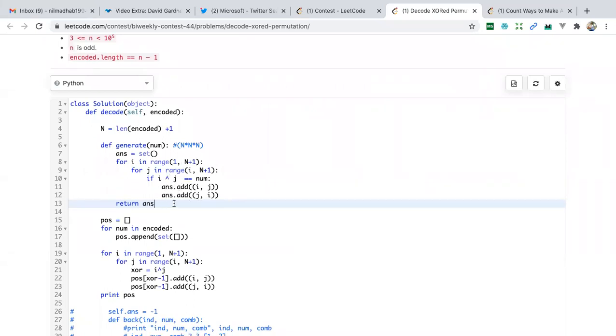I am saying that earlier we are doing generate number, but we can optimize it by doing it only once.